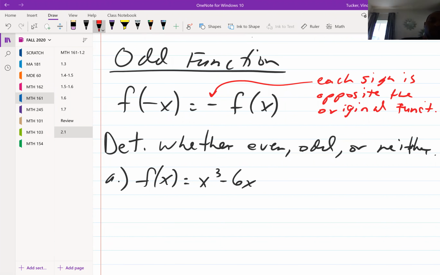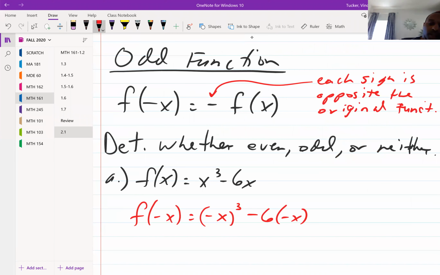All right, so first function, f of x is equal to x cubed minus 6x. So we're going to plug in negative x into the function.